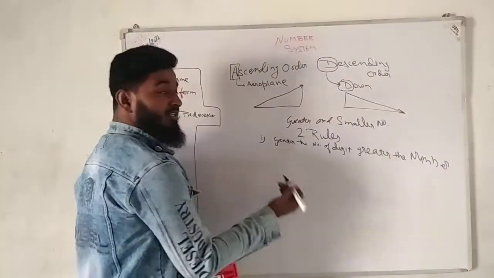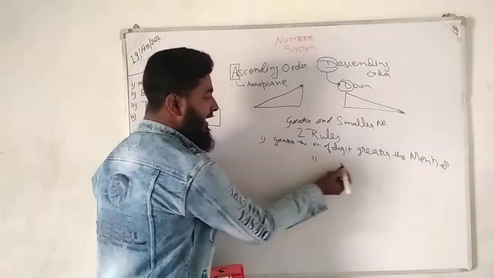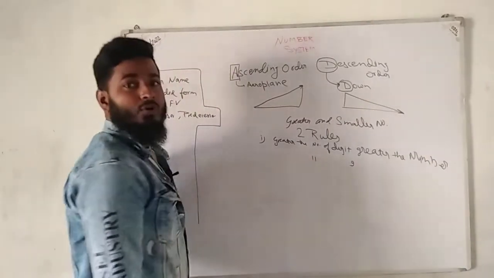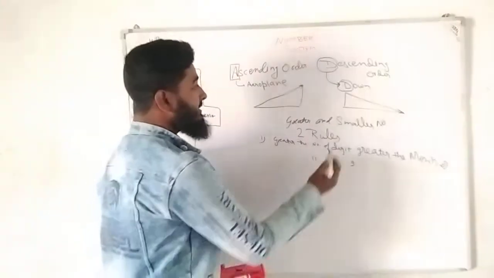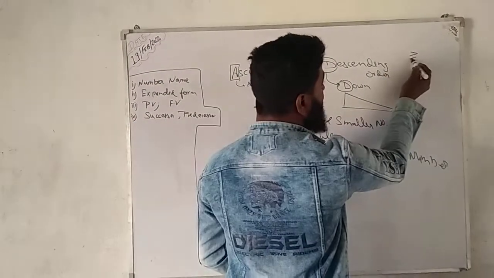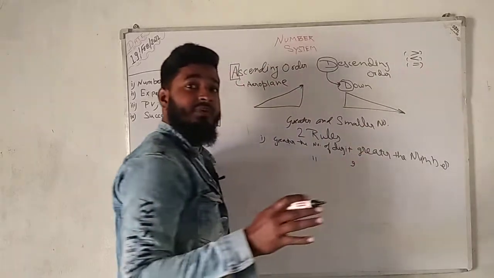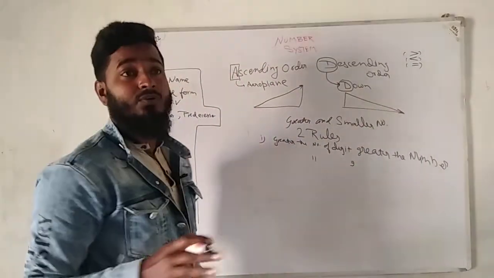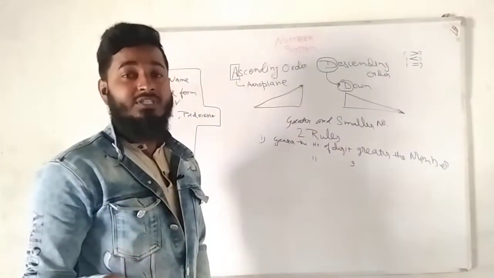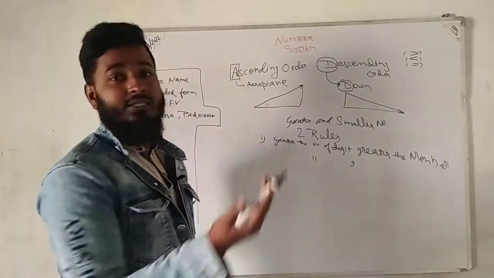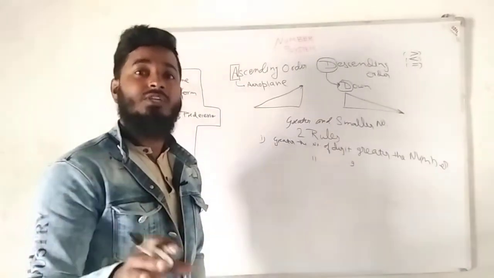What does it mean? Suppose it is 11 and it is 9. Which is greater? कौन सा बड़ा है? Put the greater sign. This is the greater sign, smaller sign, equal to sign. Just deal with the sign. These three signs are the same thing: if it is greater than, smaller than, or equal.